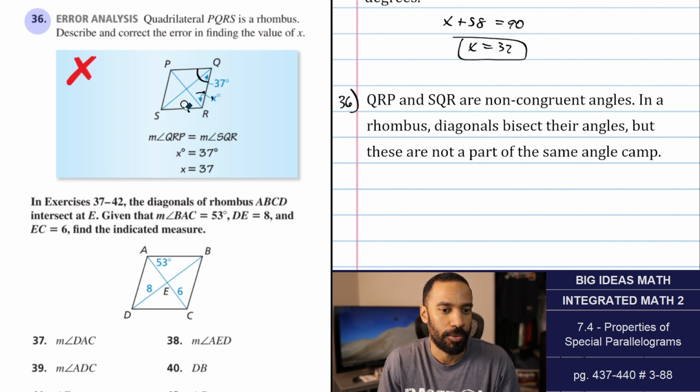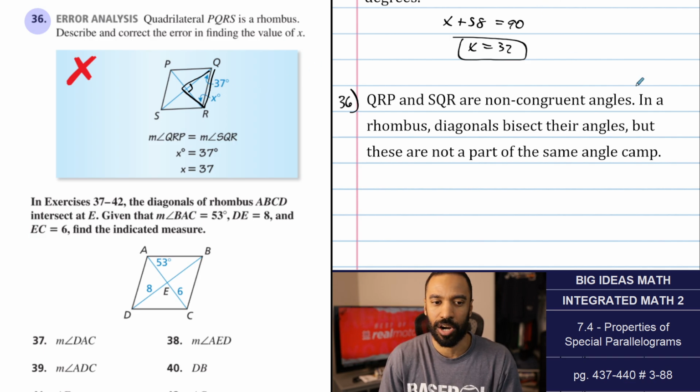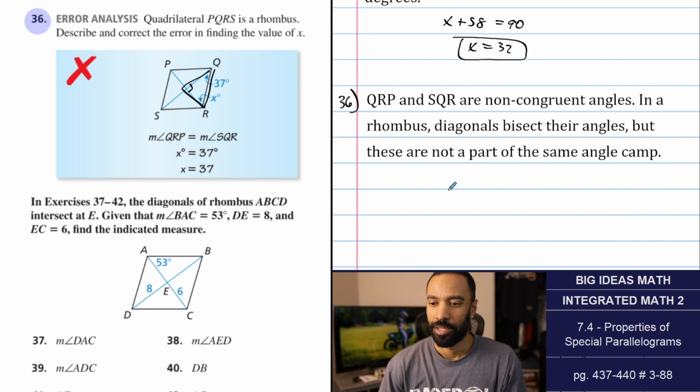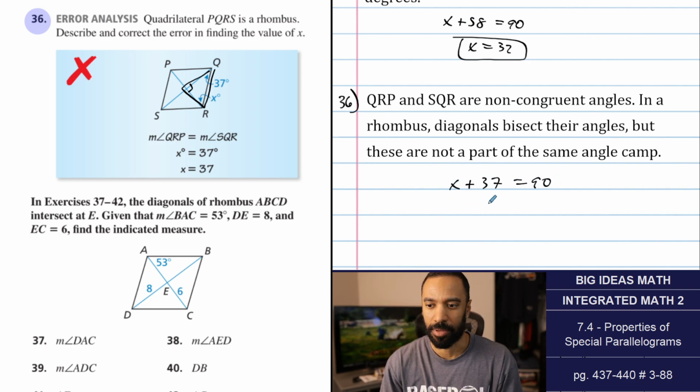You could also note that in a rhombus, the diagonals form a right angle. So 37 and x are complementary. X plus 37 is 90. I'm going the fast route, and x is 53.